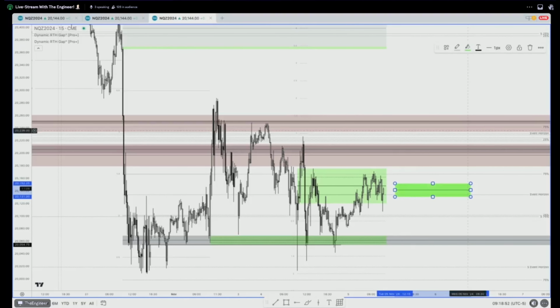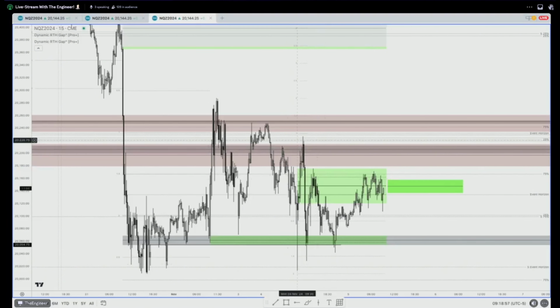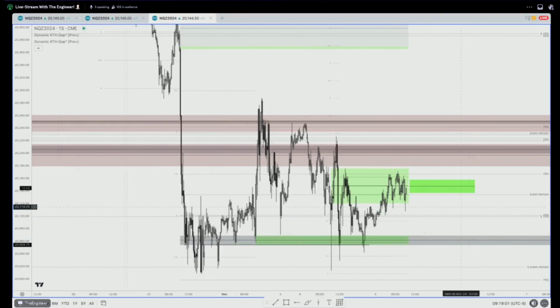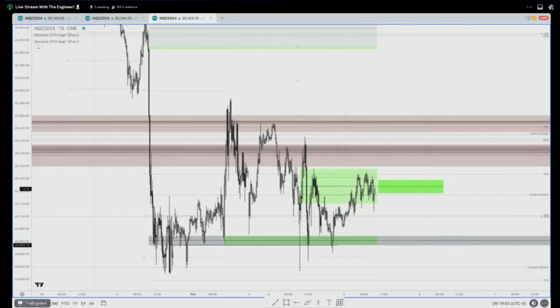This is part of my protocol. You can look for the highs or lows above or below these ranges here. So above, you can see clearly that the clean levels without gaps are in this range here.